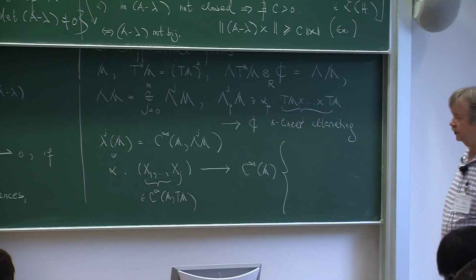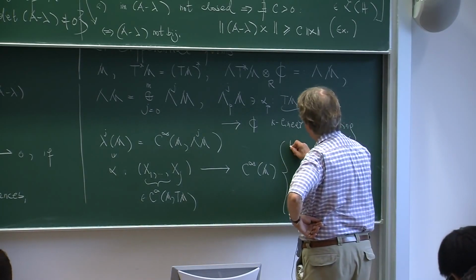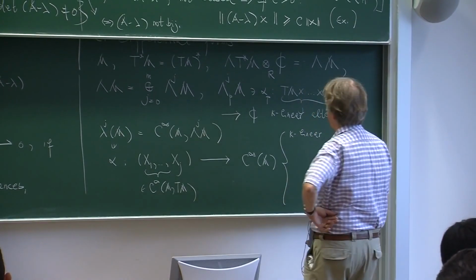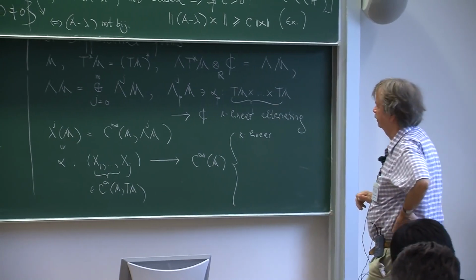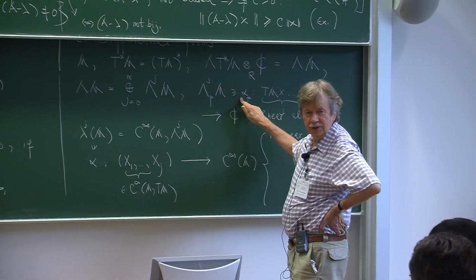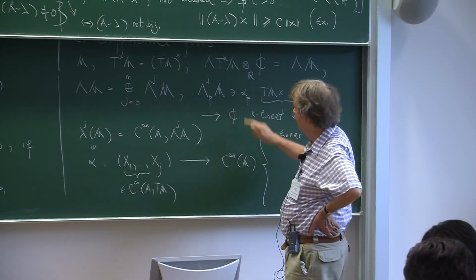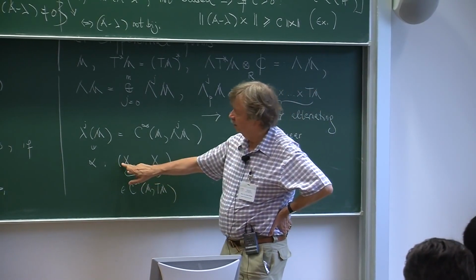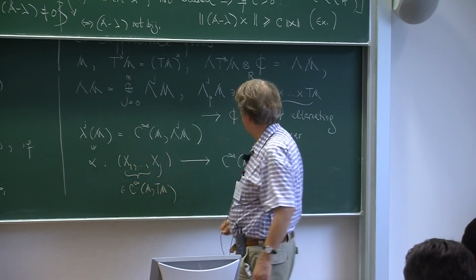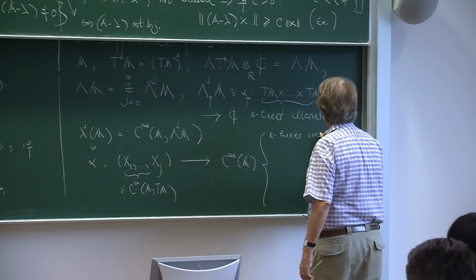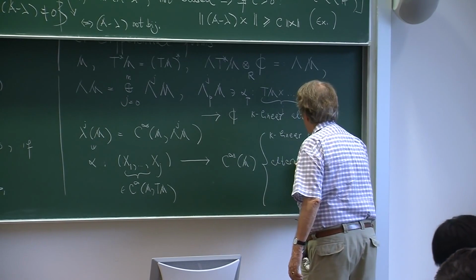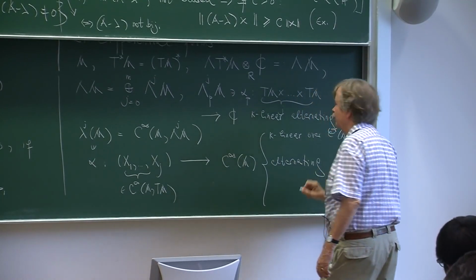And I want the same conditions. It is K linear. K linear now is a little tricky because the constant could change from p to any other point. So I say K linear over C infinity of m. So if I multiply this by a smooth function, I can pull it out. So K linear over C infinity of m and alternating.